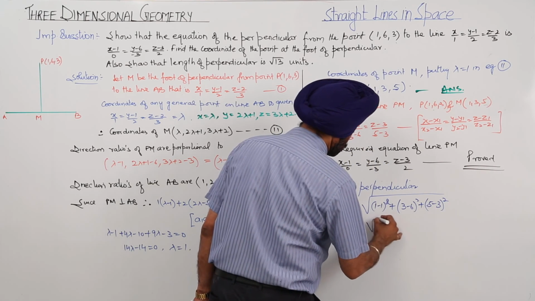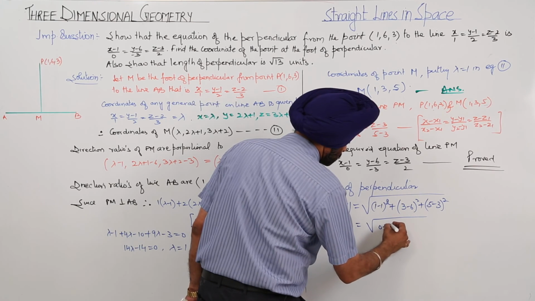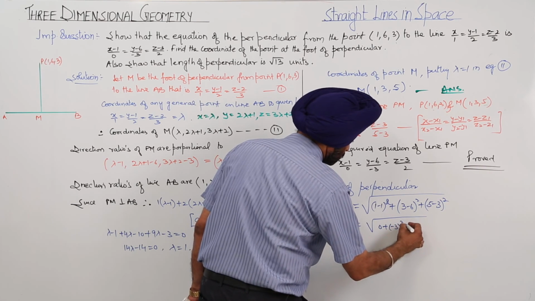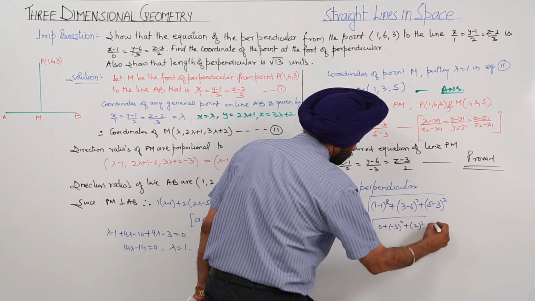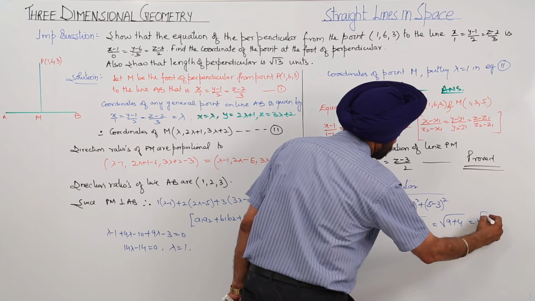Now this is the square root of 0 plus minus 3 square plus 2 square. This is the square root of 9 plus 4, which is 13.